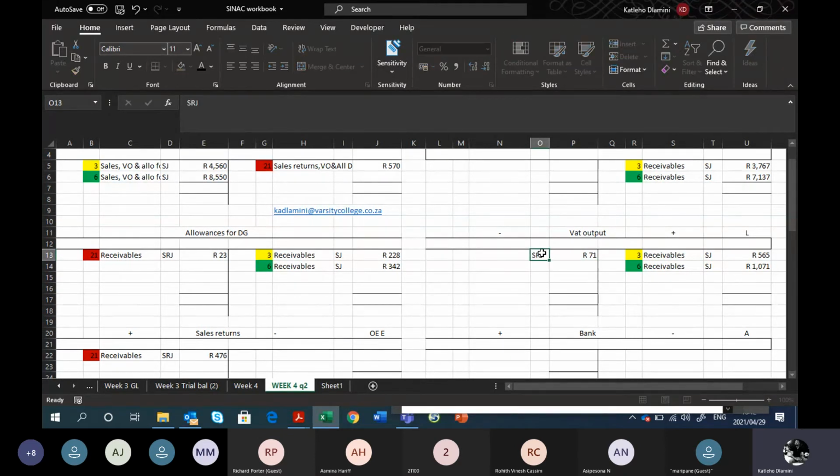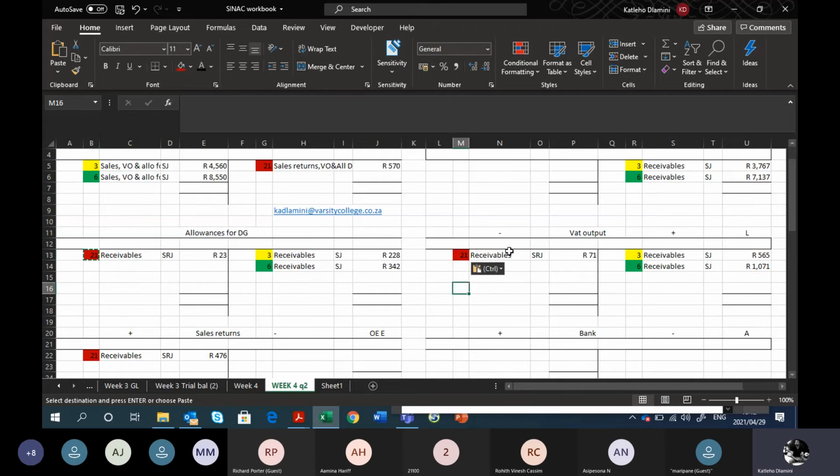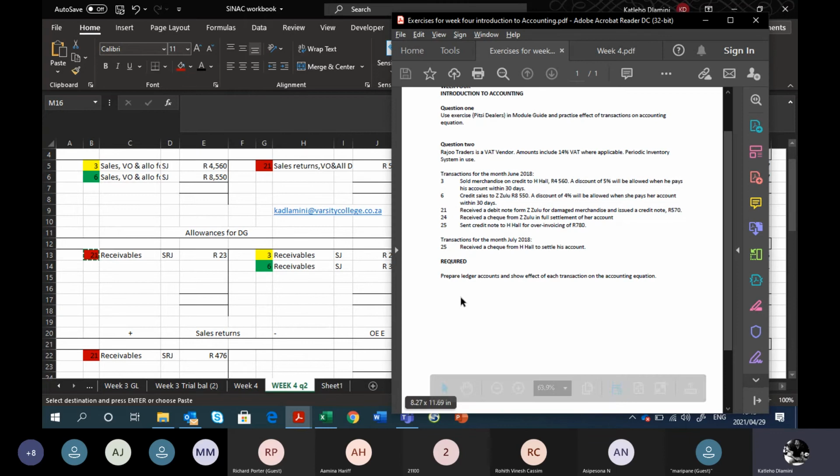Sales returns journal, that's receivables, and then the 21 over there. Okay. So I have all my three amounts being debited here, the VAT, the allowance for settlement discount, and the sales returns.